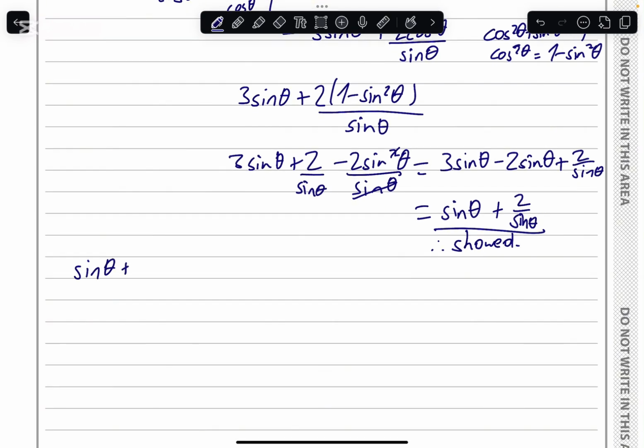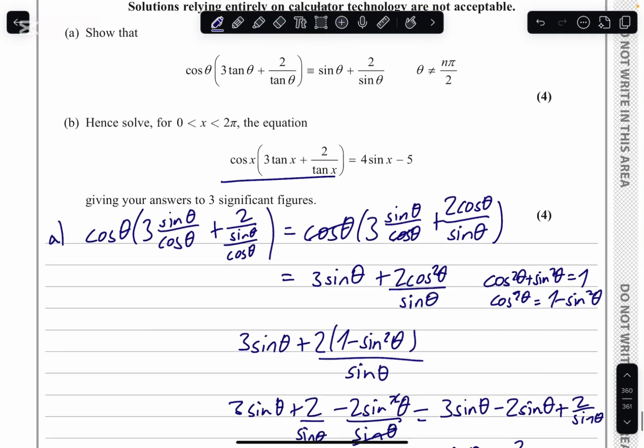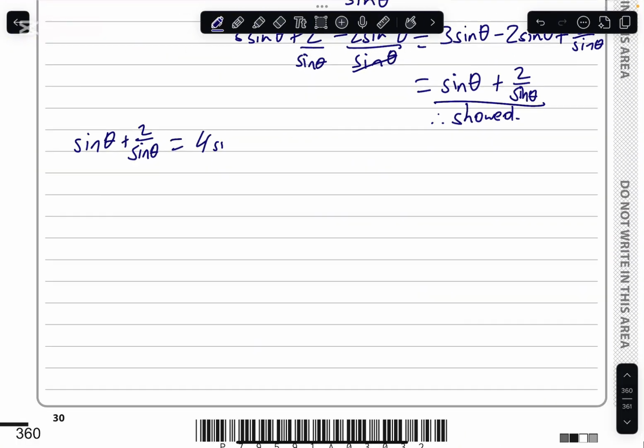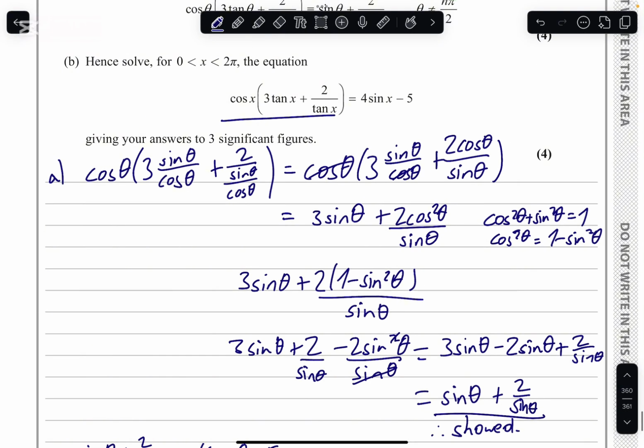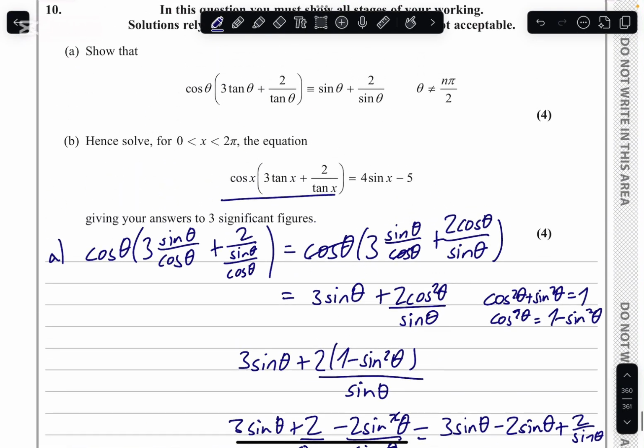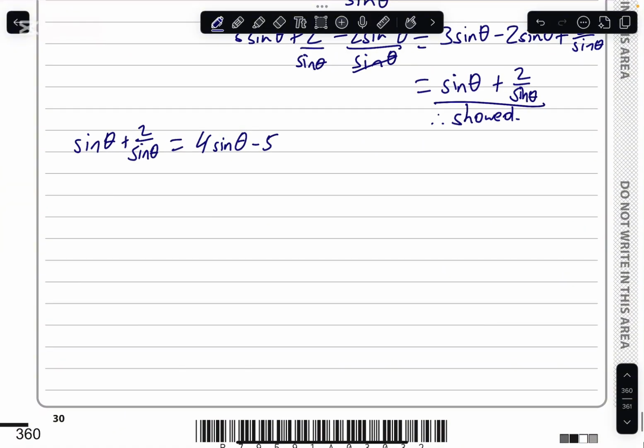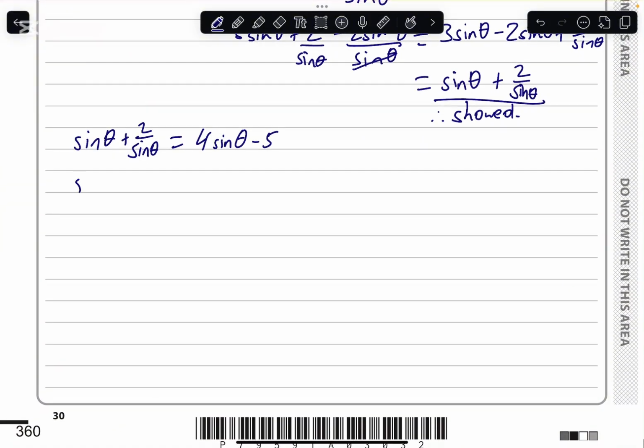So if we set that to be equal to 4 sin x minus 5, but in this case all this is x, and we multiply everything by sin x because we do not like this denominator here.